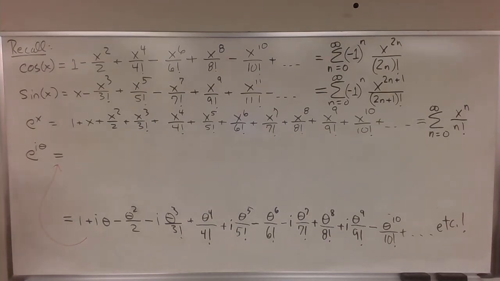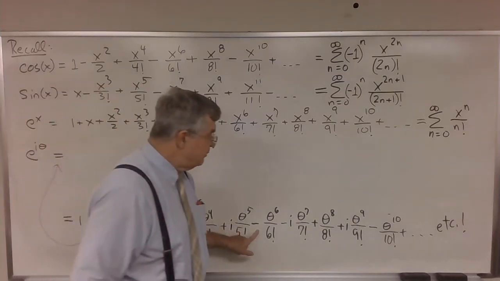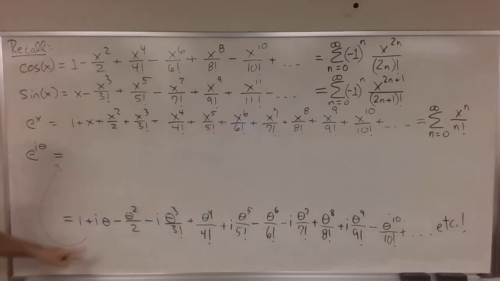And you know what? I'm going to take all of the terms that don't have a factor of i in them and put them together. And then I'm going to take all the terms that do have a factor of i and put them together.